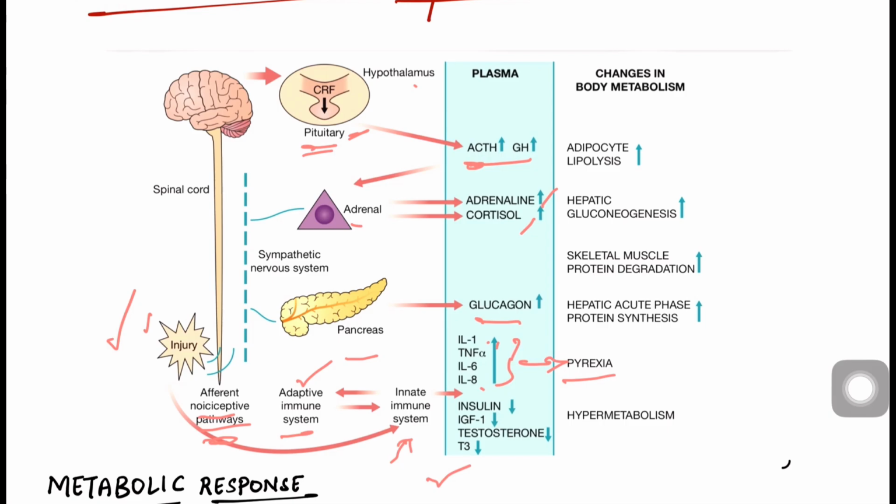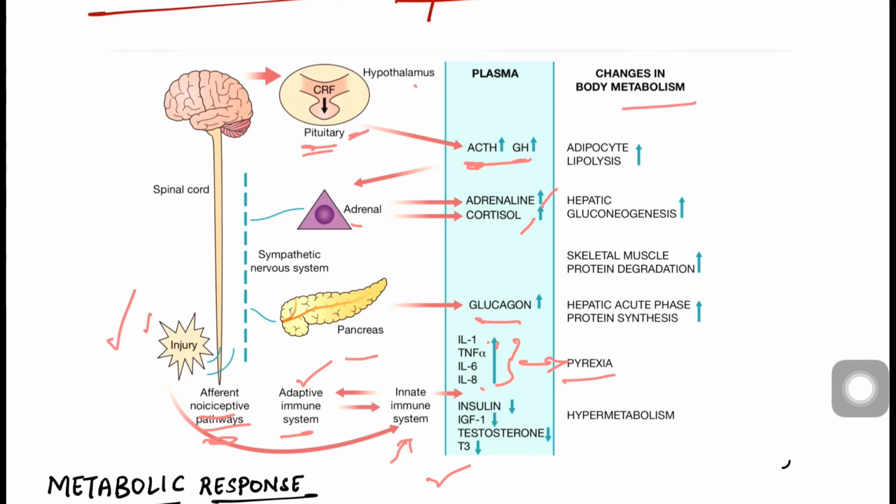So all these hormones will cause changes in the body metabolism. Adrenocorticotropic hormone and growth hormone increase, ultimately leading to increase in glucose, that is lipolysis will be more, and adrenaline and cortisol will cause hepatic gluconeogenesis.